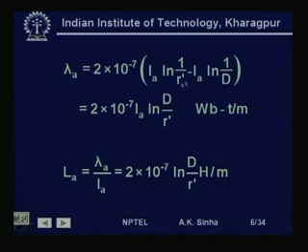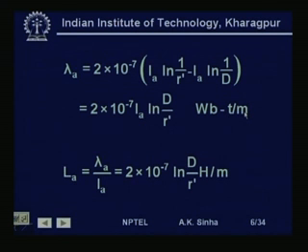Now, we know that for a 3-phase 3 conductor line, I A plus I B plus I C is equal to 0, therefore, I B plus I C is equal to minus I A. Therefore, we can write lambda A is equal to 2 into 10 to the power minus 7 I A ln 1 by r dash minus I A ln 1 by d, which results into 2 into 10 to the power minus 7 I A ln d by r dash Weber turn per meter.